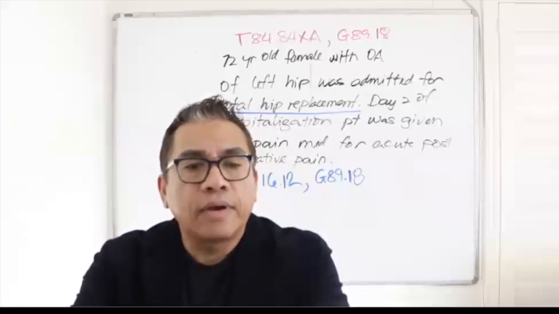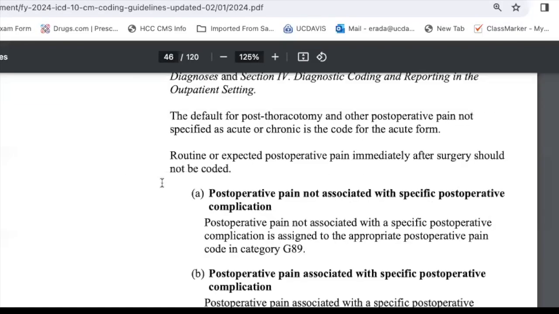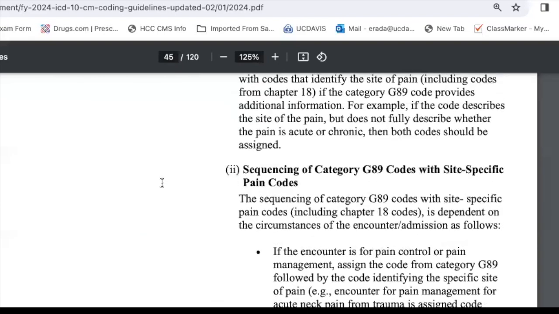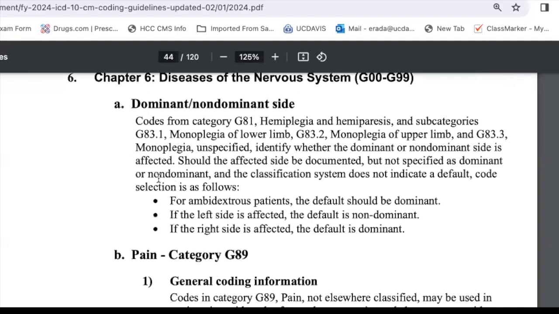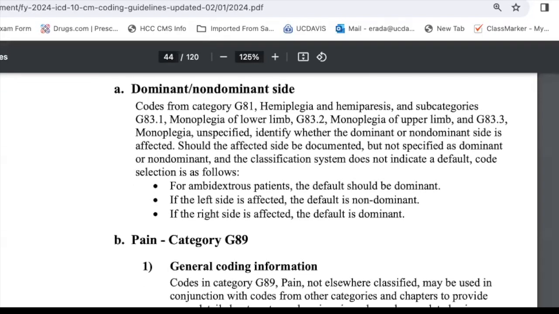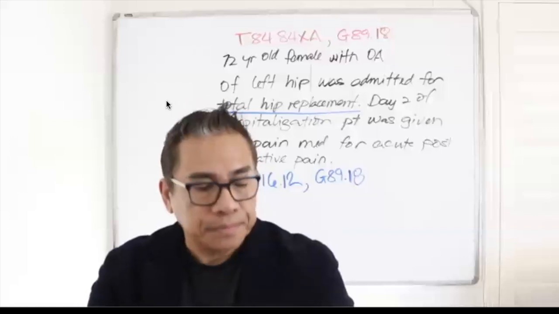All right, so any question, guys? We have finished the whole chapter 6. Any question from this entire chapter? Anyone?